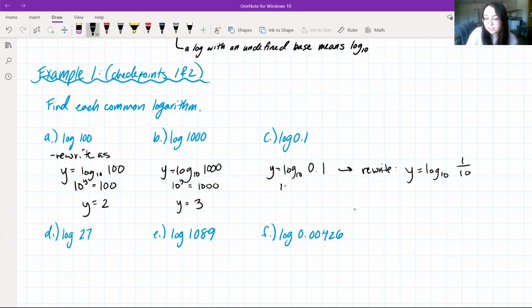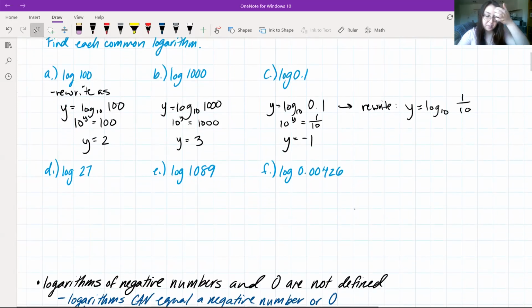So we know that 10 to the y power is going to give us 1 over 10. So now we can deduce what exponent y will create 1 over 10. Well, we know that anything to the negative 1 power will just create a fraction of 1 over whatever our base was. So we know that y is going to be negative 1. So 10 to the negative 1 power will give us 1 over 10.